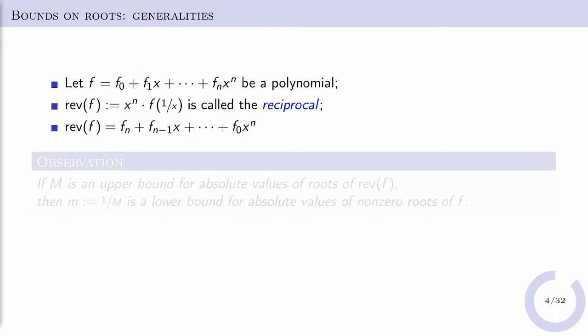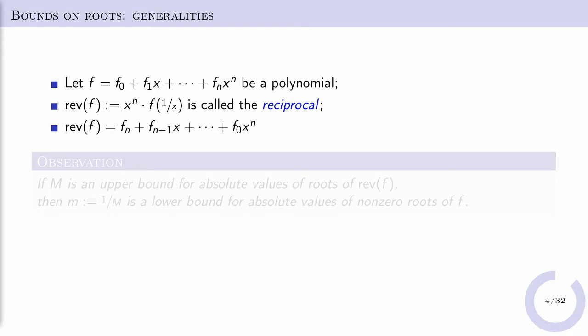So all in all, the reciprocal polynomial looks like this. This is just the reciprocal polynomial of f. What we did is actually we inverted the list of coefficients. So what was the constant term is now the leading coefficient. What was the leading coefficient is now the constant term.